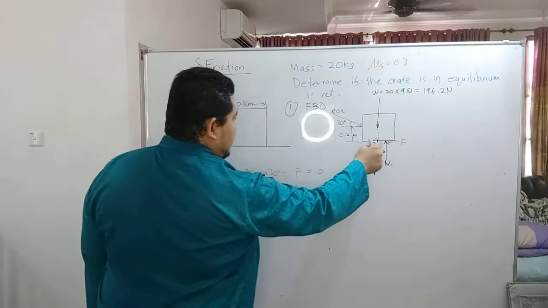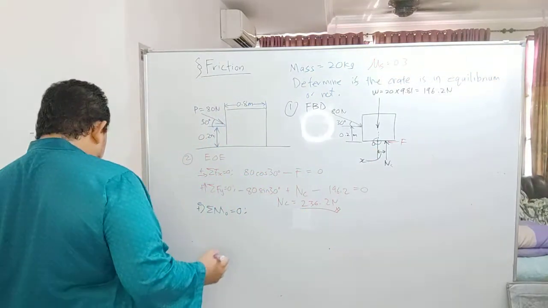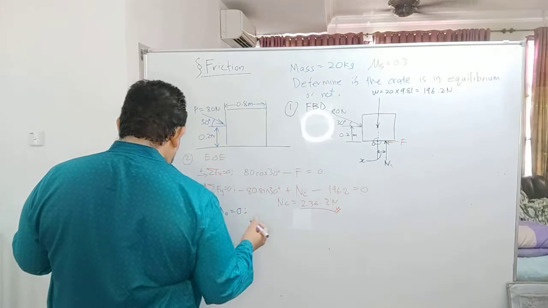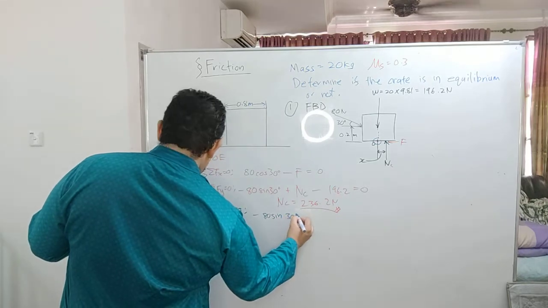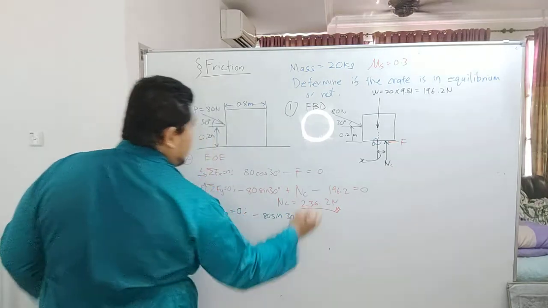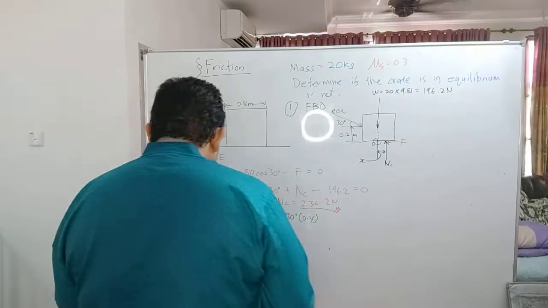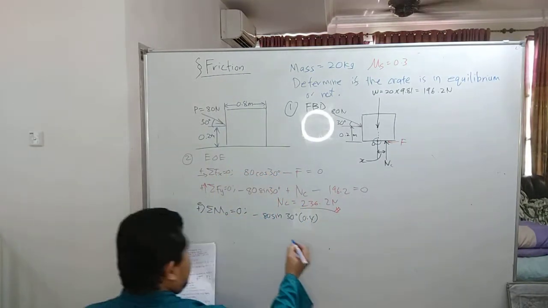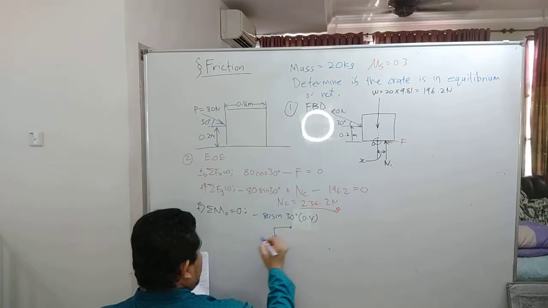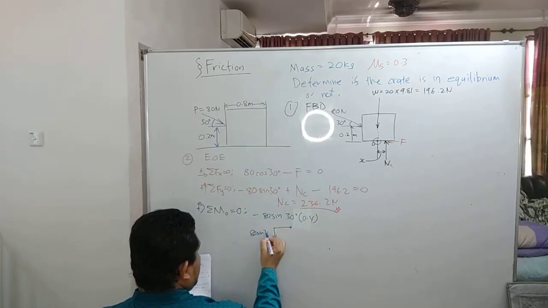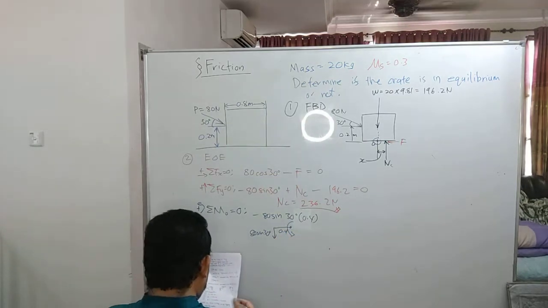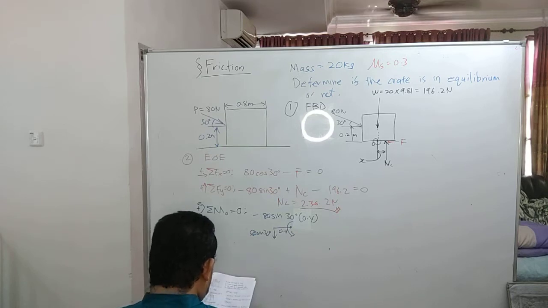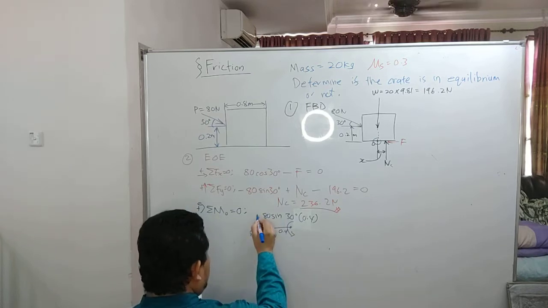So you have here negative 80 sine 30 degrees times 0.4. This one is counterclockwise, so it should be positive.